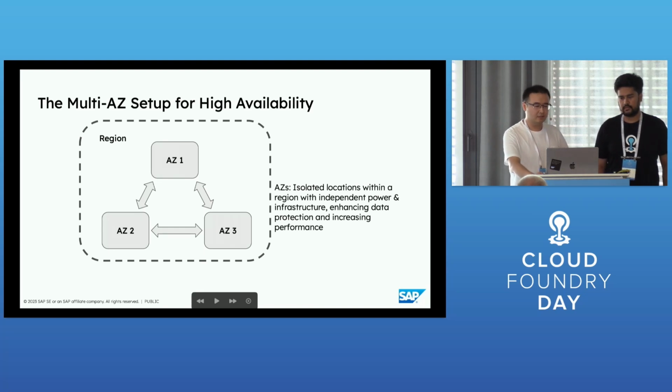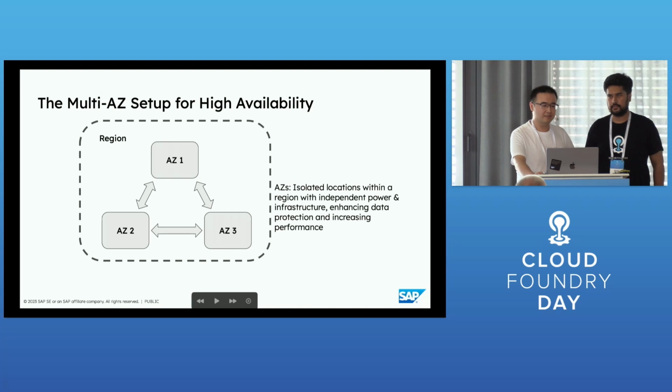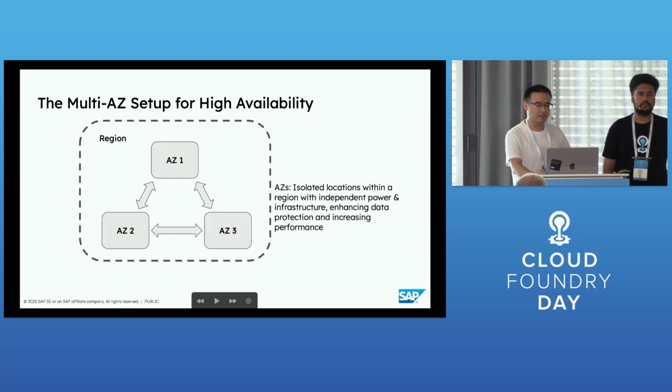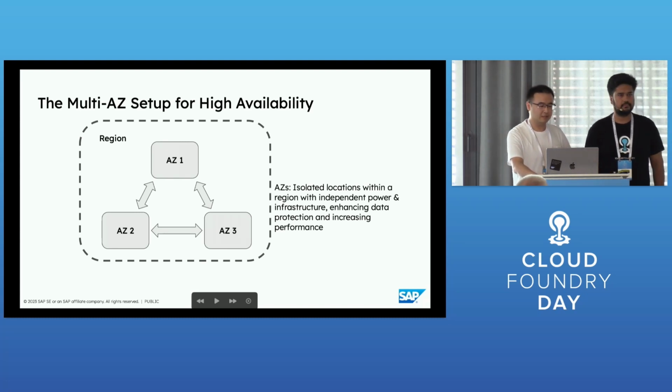Each availability zone has its own independent power infrastructure. So in case one AZ is down, they can still provide the services from the other 2 AZs, and the customers will not be affected. Why they always choose at least 3 AZs is because of experience and best practice.